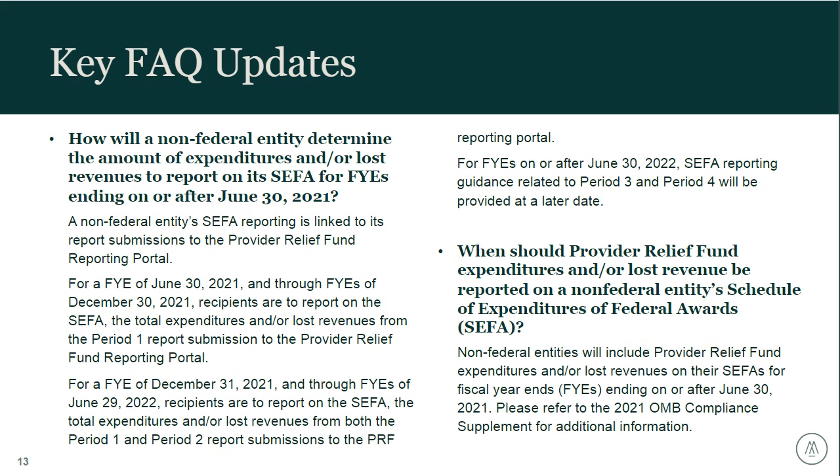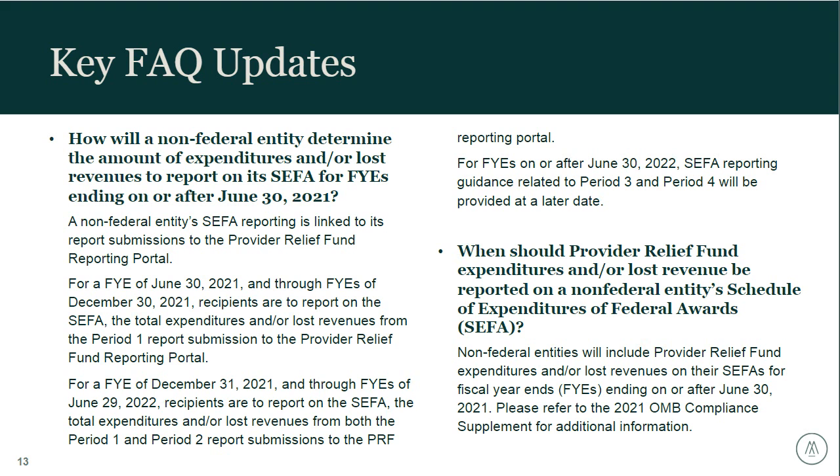At the time, the reporting was meant to be for calendar year 2020, so the intent was that the 12/31/20 year ends would be the start of the reporting process. This was supposed to have started back in February. That would be the first time these PRF expenditures would get onto the SEFA.